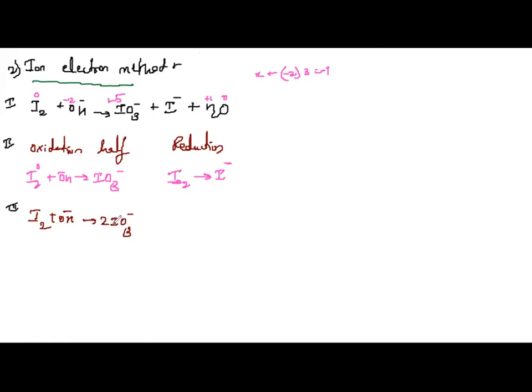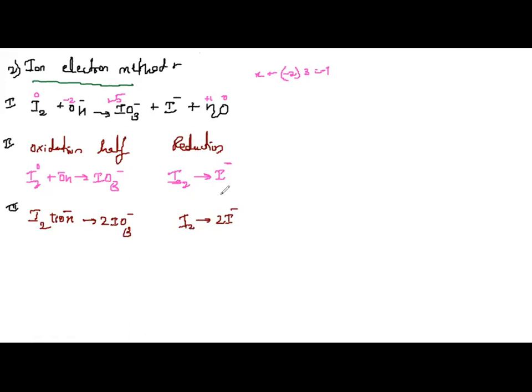So I2 is balanced. 2 3s are 6, so I will balance it by writing 6 OH minus here. Is that right? Fine. This side, no need to balance. I2 gives 2I minus. Balanced. Here there are 2 atoms, so I write 2.